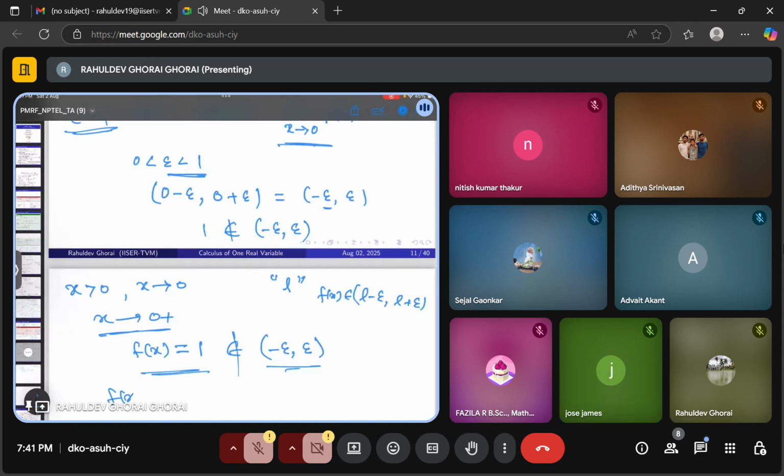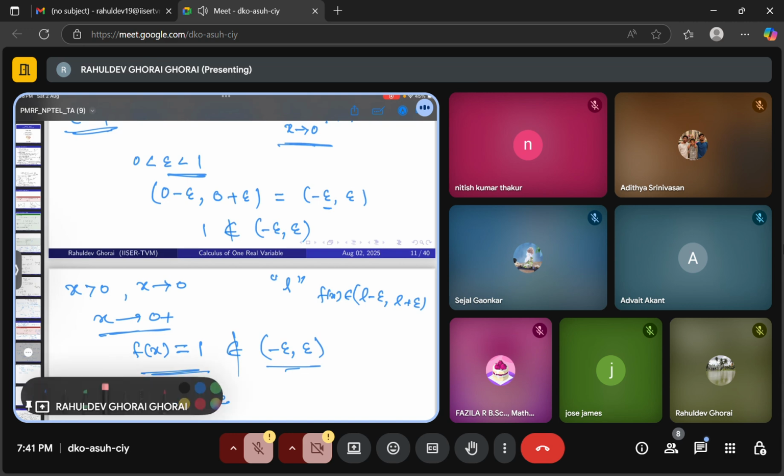It means f(x) is not within epsilon, because f(x) is greater than epsilon when x tends to 0 plus.